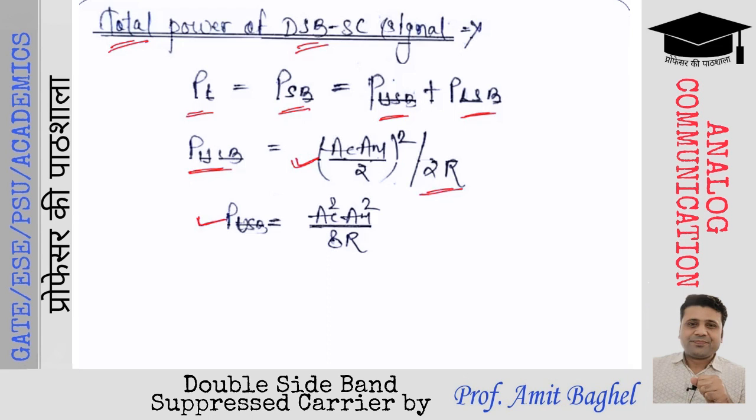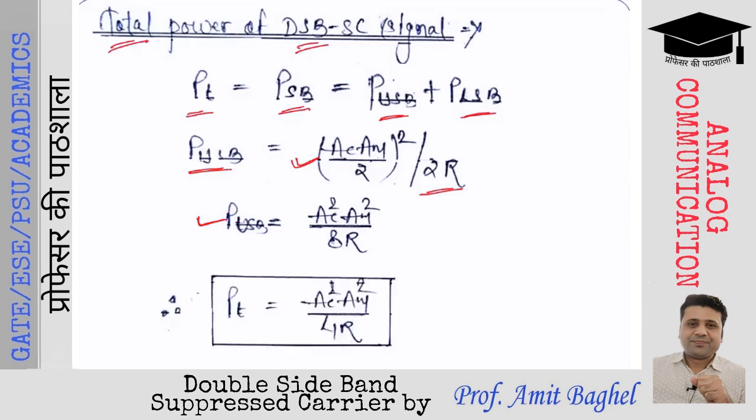So upper sideband power is Ac square Am square divided by 8R, and the total power will be double of this because lower sideband power will be the same as the upper sideband power. Total power will be Ac square Am square divided by 4R. This is the total power of the double sideband modulated waveform.